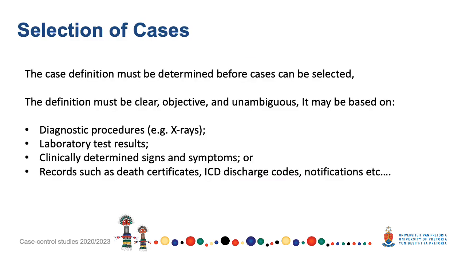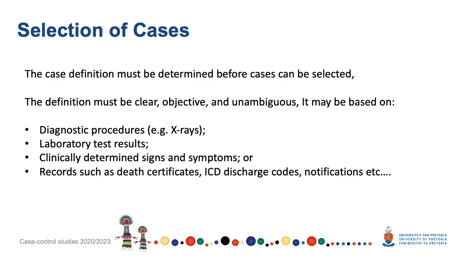Let's turn now to the selection of cases, because that's where your case control study starts. You start with a group of cases, then you acquire some controls, and then you do your data collection and so on. So the case definition must be determined before you can select the cases. You don't want some sort of ad hoc unscientific process.